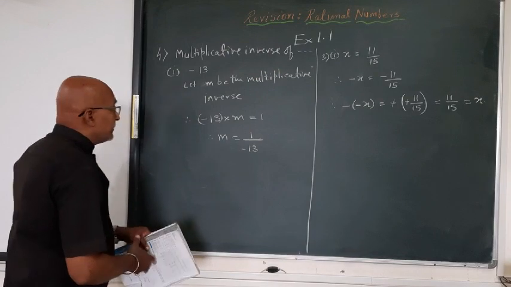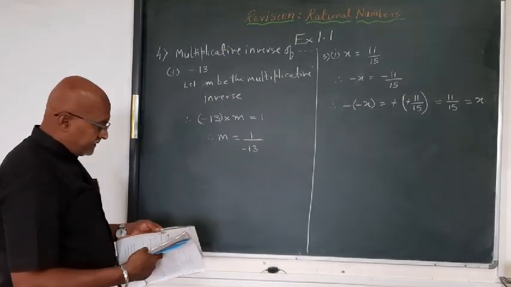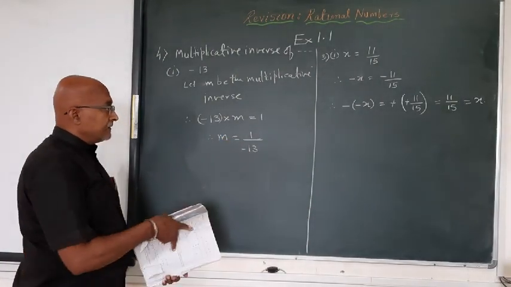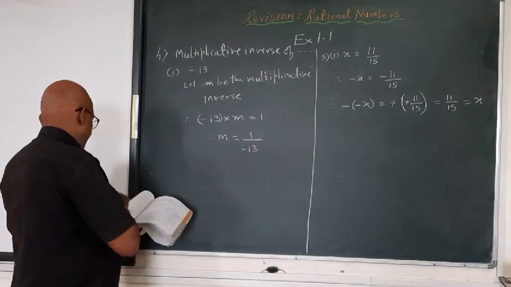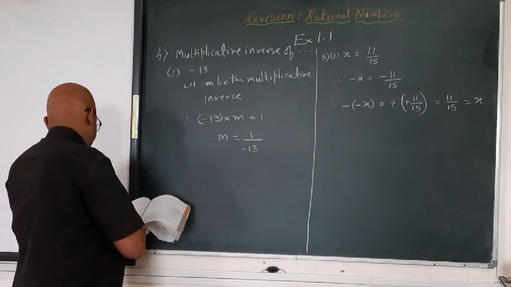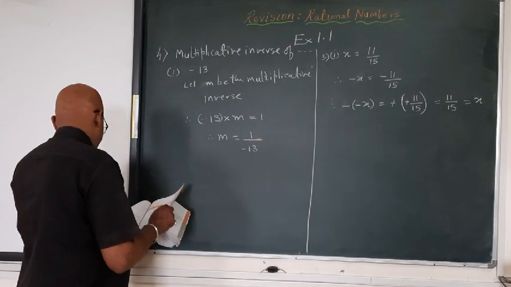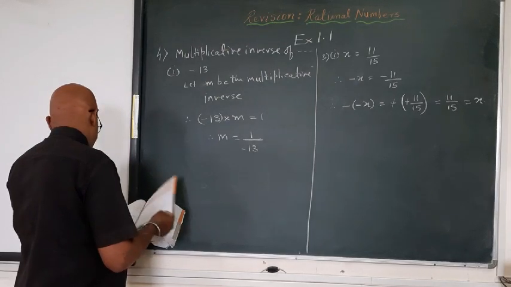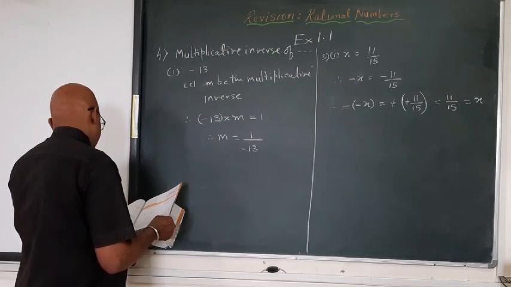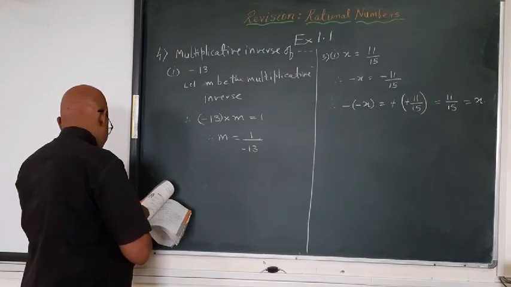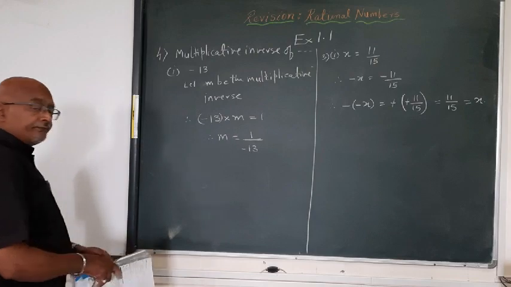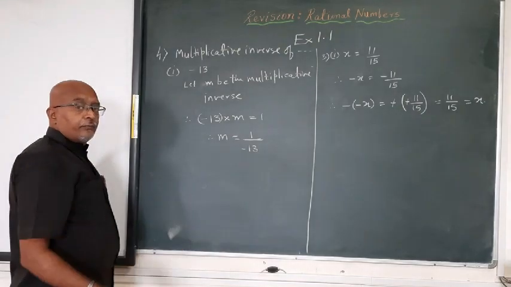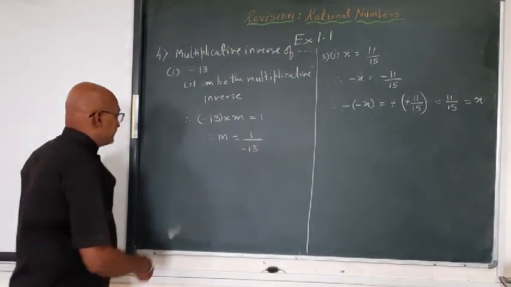So the multiplicative inverse of minus 13 is 1 upon minus 13. It is also pronounced as reciprocal.